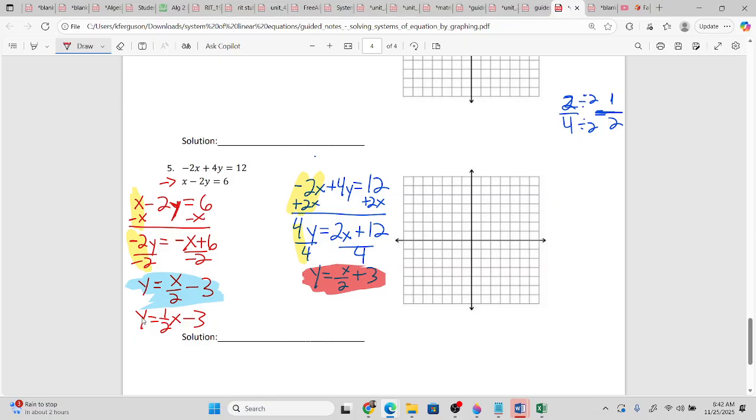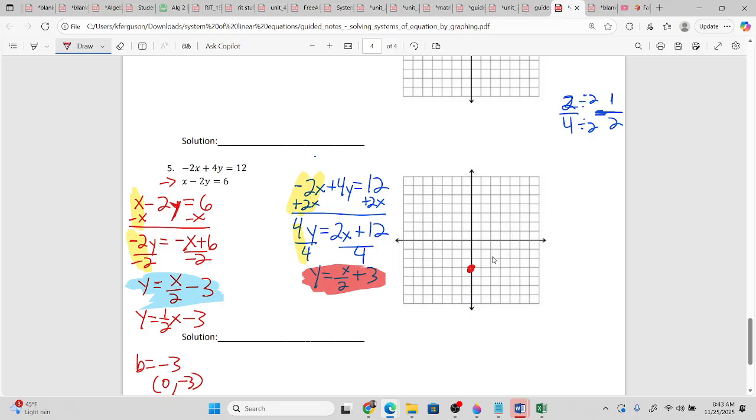Right here, the y-intercept is -3. So if my y-intercept is -3, that means the first point I got is 0, -3. So that's what we're going to start with. 0, 1, 2, 3, right there. And so my slope is 1 over 2.